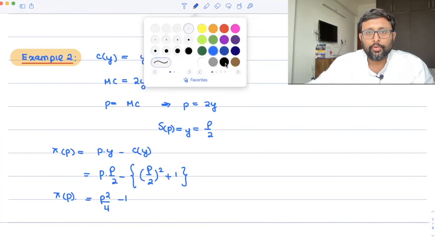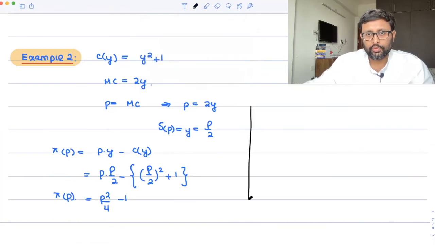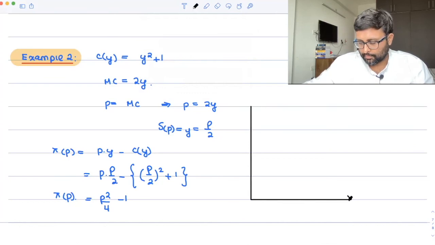So you want to just draw this. So your y, MC(y). Your AVC is just, so TVC is just y square.